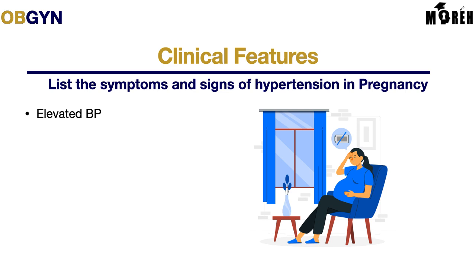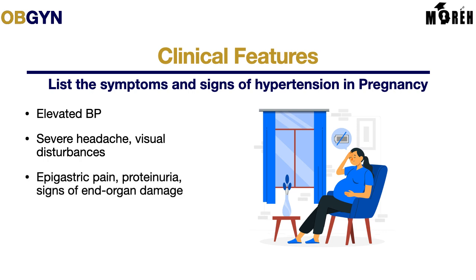All right. Then the patient can also present with severe headaches, as I just explained in the pathophysiology, visual disturbances, and epigastric pain. Okay, the epigastric pain, this is due to an increased pressure in the liver capsule.